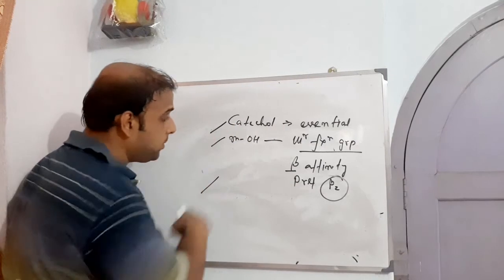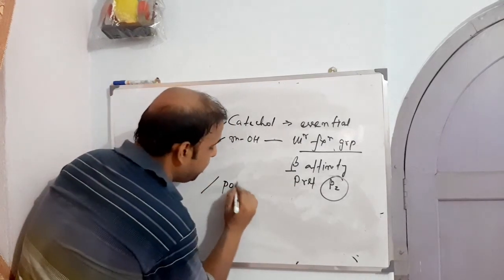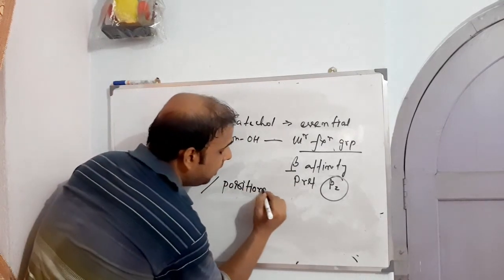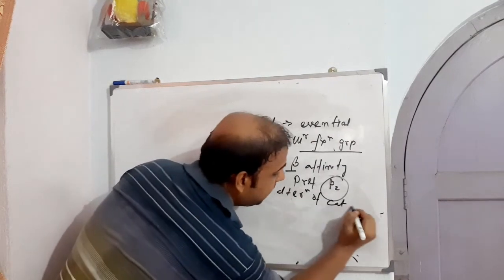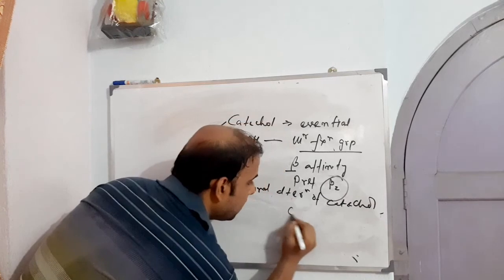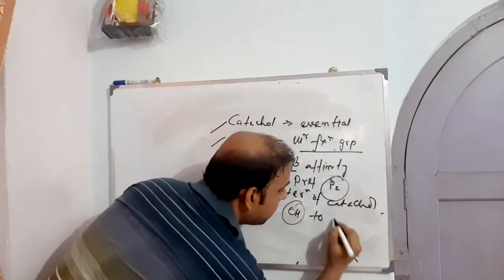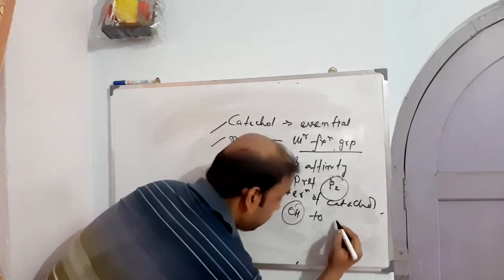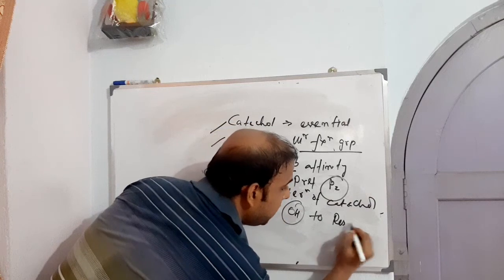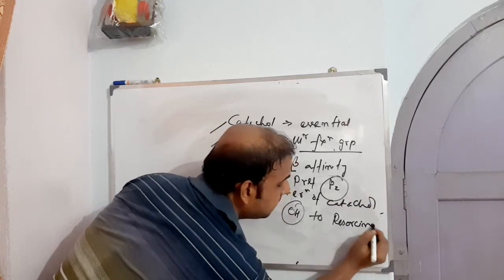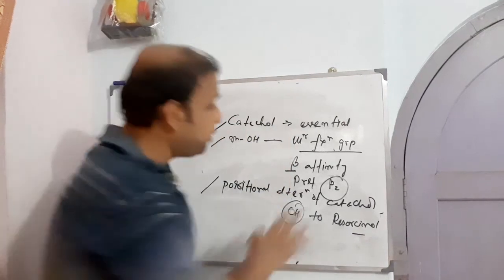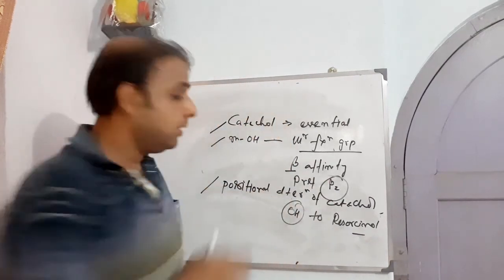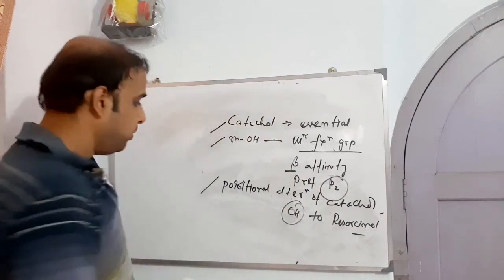Next, positional alteration of the catechol hydroxyl to the resorcinolic hydroxyl leads again to beta affinity and preferentially beta 2 selectivity.